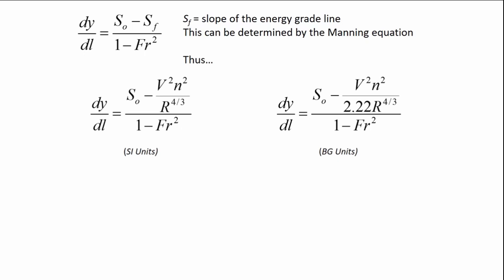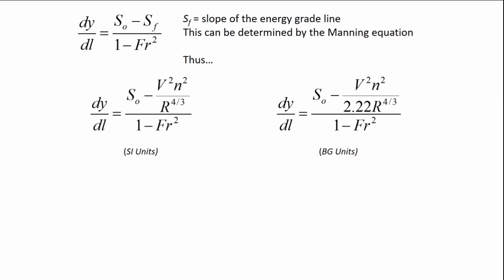So if you make that substitution, putting Manning's equation into S sub f, here's what it looks like for SI units and for the British gravitational. The reason why that's different is, of course, Manning's equation in SI is Q equals 1/n times A to the 5/3, S to the 1/2, and P to the 2/3.